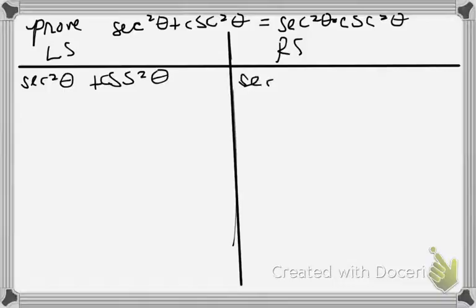And secant squared theta times cosecant squared theta. Okay, and I just realized that I wrote this wrong. Cosecant. There we go.